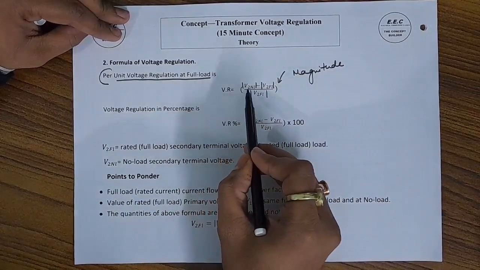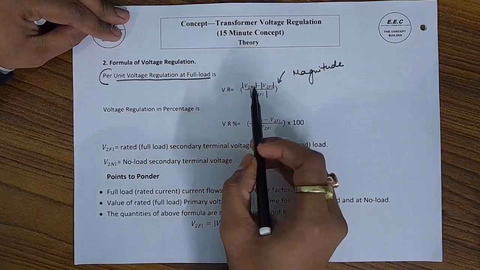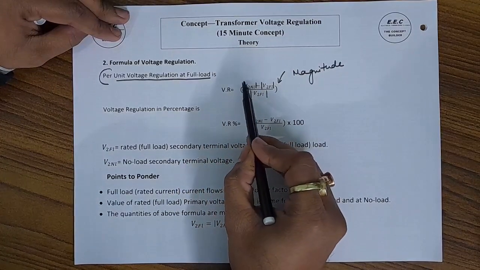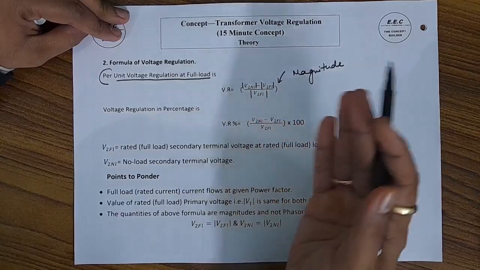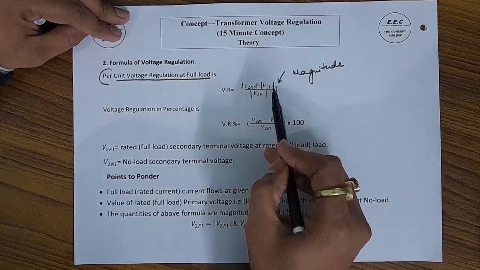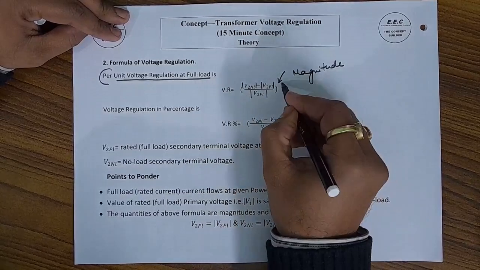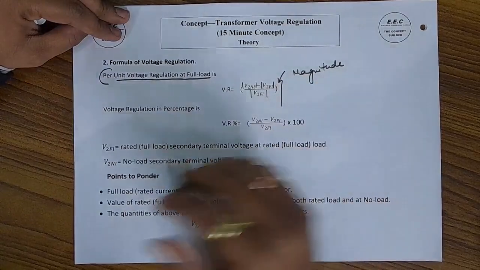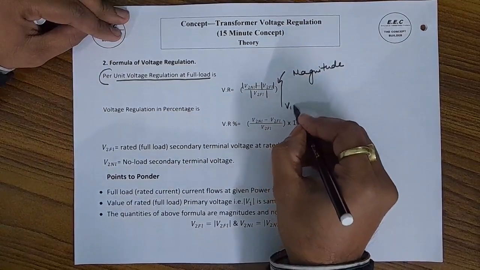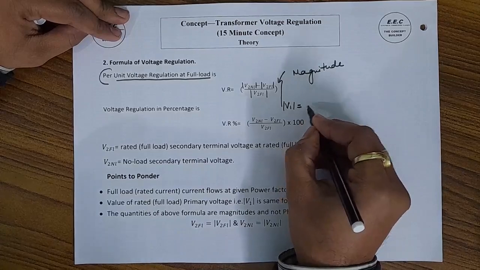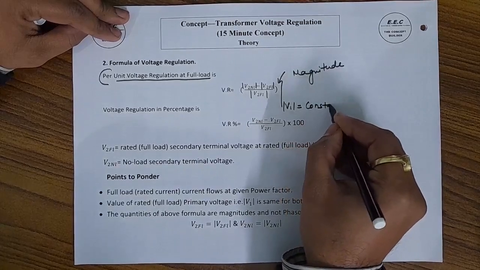So voltage regulation, this is per unit voltage regulation, is equal to |V2 no load|, the magnitude of the secondary terminal voltage at no load, minus |V2 full load|, the terminal voltage at full load, divided by |V2 full load|. Now one condition that I just told you in the previous slide, that |V1|, that is the magnitude of the primary voltage, must remain constant.